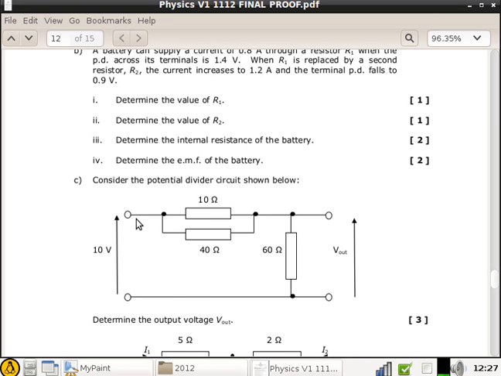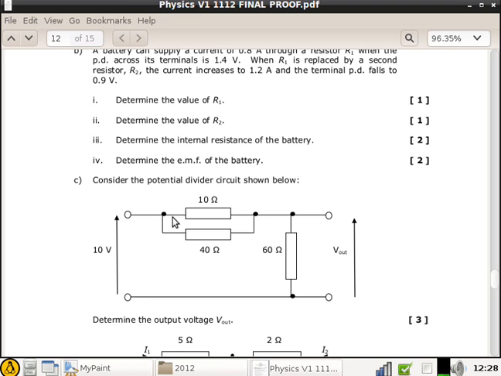Sorry. 10 minus 40 I3 minus 60 I1 equals 0. And we shouldn't really do a loop here because there's no battery. And remember I said it's always good to have a battery to start with. My advice. So how many equations do we have? 2. But how many unknowns? 3. I1, I2, and I3. So we need one more equation. What could I use? Junction rule.